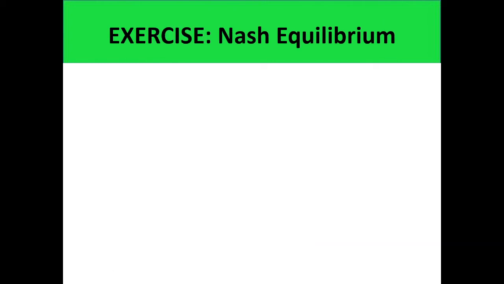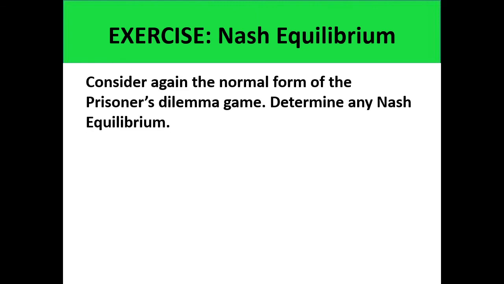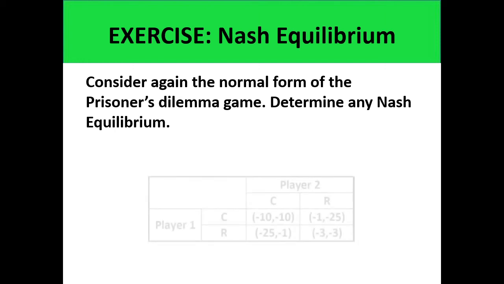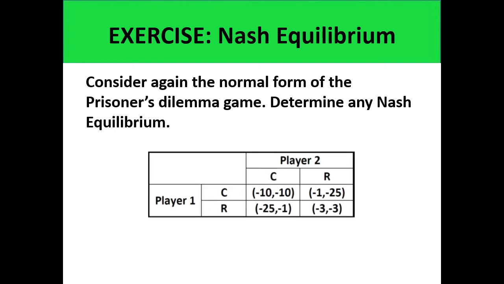Now, as a closing, let's try to analyze the prisoner's dilemma game using Nash equilibrium. So, suppose that the row player is player 1 and player 2 has made the decision of confess. So, as the row player, we either get negative 10 or negative 25.